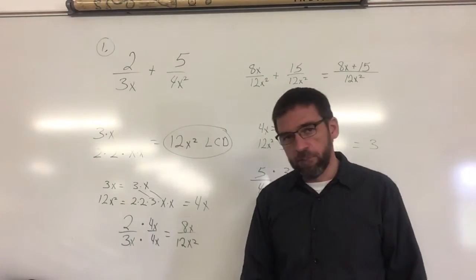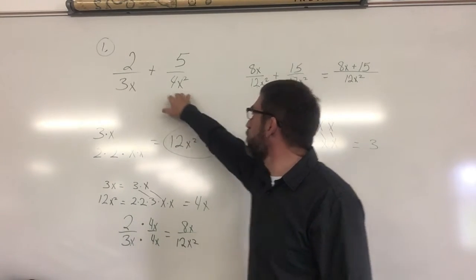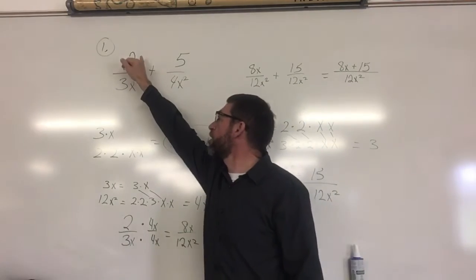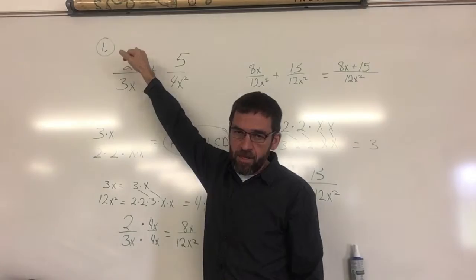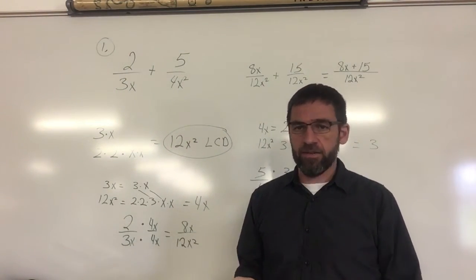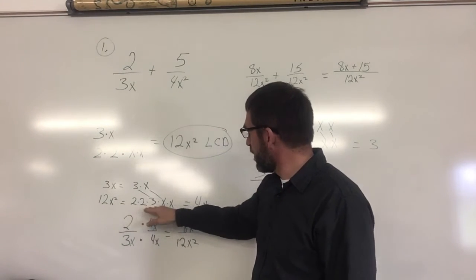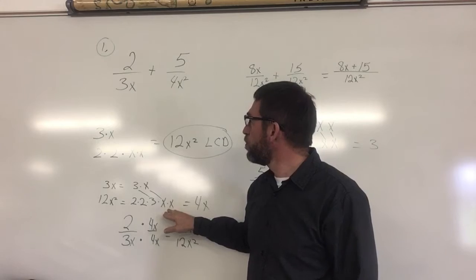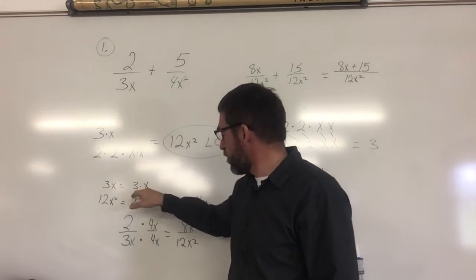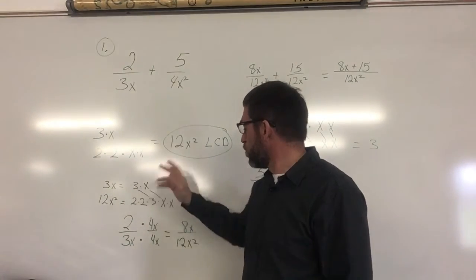Now, the next step, once you found your least common denominator, you know that 12x squared is going to go in both of these spaces. The next question, though, is how are you going to know what to make your numerator? Well, again, you factor them out. I put the 12x squared factored out right here. And then you take your 3x and factor it out, which we did up here, but I just did it down here again so that you can see.